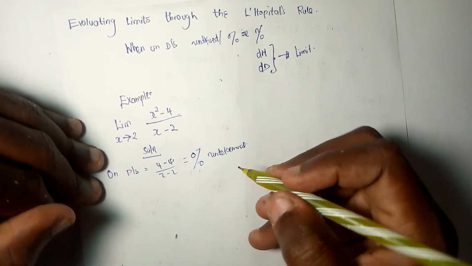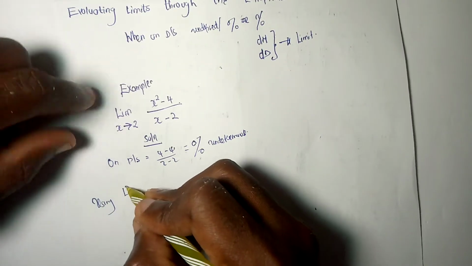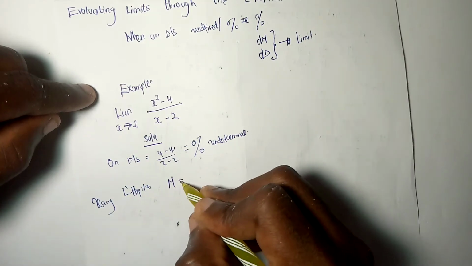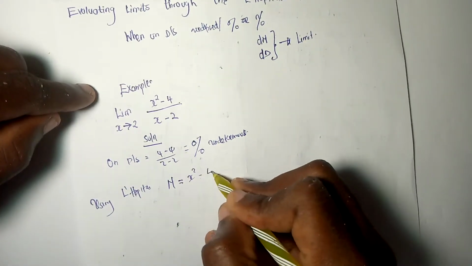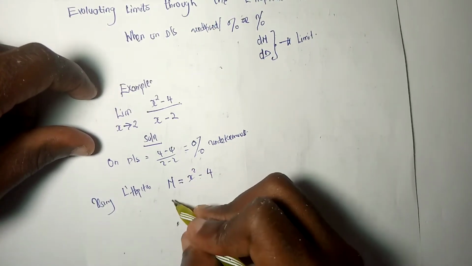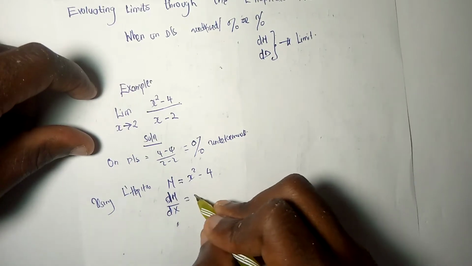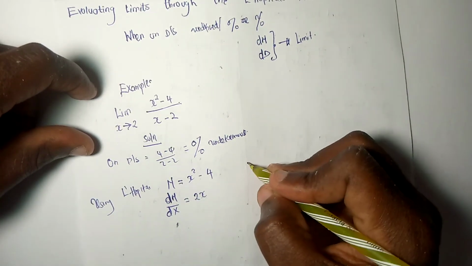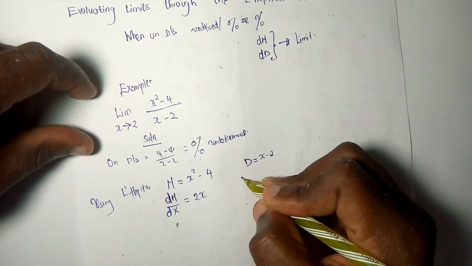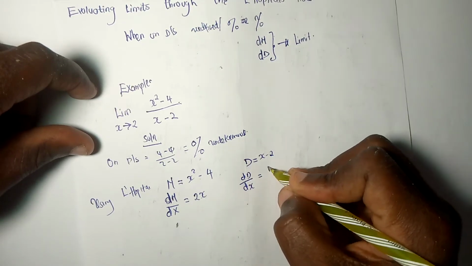So using L'Hopital's rule, the numerator n is x squared minus 4, and we want the derivative of the numerator, dn over dx, which is going to be 2x. The denominator d is x minus 2, then d over dx is 1.